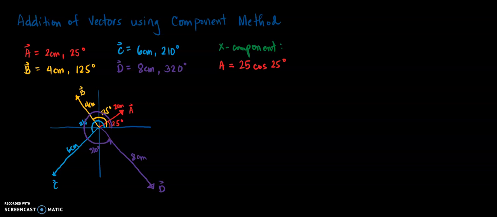I'm sorry, the magnitude will be 2 only, not 25. That is 2 cosine 25 degrees, and this is equal to 1.81.